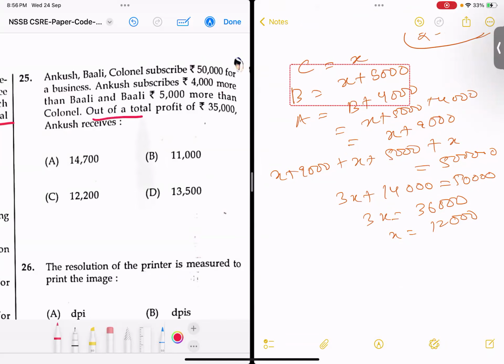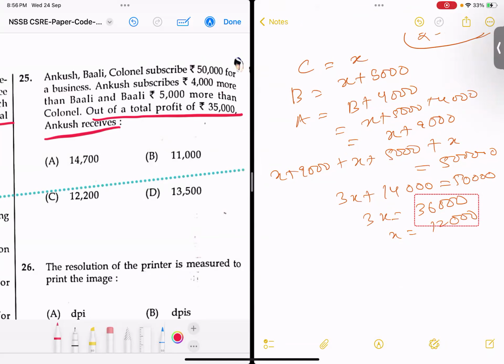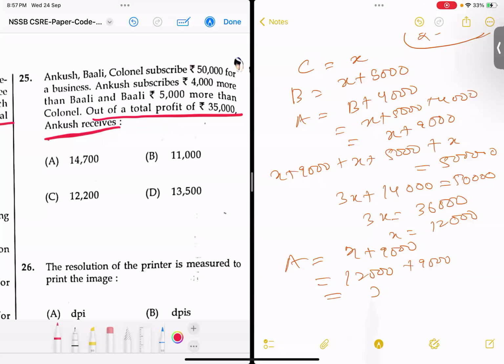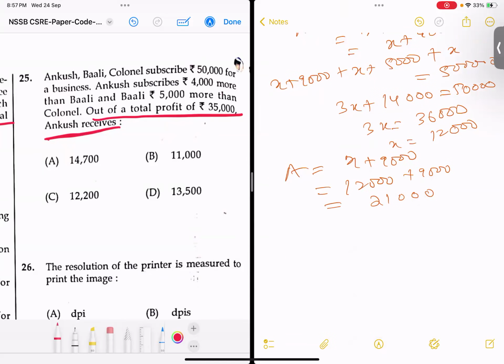Now we have to find out how much of the profit of 35,000 goes to Ankush. By investing 50,000, they receive 35,000. Ankush invested X plus 9,000, which means 12,000 plus 9,000, so this gives 21,000. Ankush invested 21,000 out of 50,000, and the profit to distribute is 35,000.